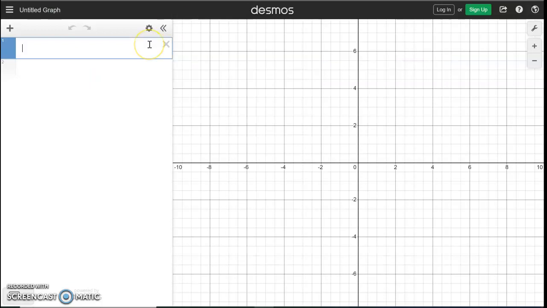Using your calculator, you can just type there A equals, and then you click this one, braces rather.